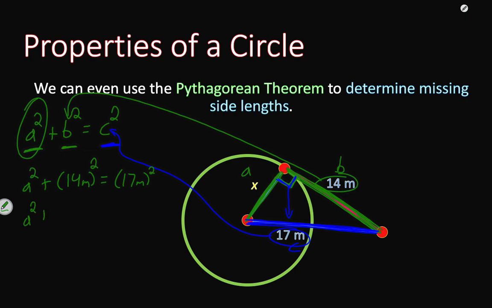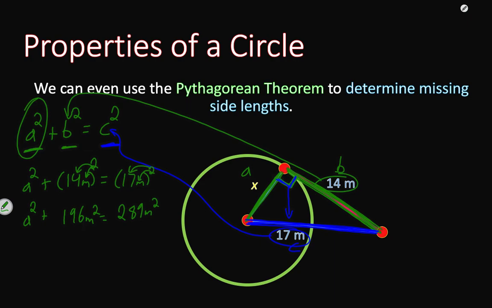So we will go on the calculator. 14 times 14 is 196. And I'm also squaring my units, not just the number. So it'll be meters squared. And then 17 times 17 is 289. Same thing. Square the number, square the units.